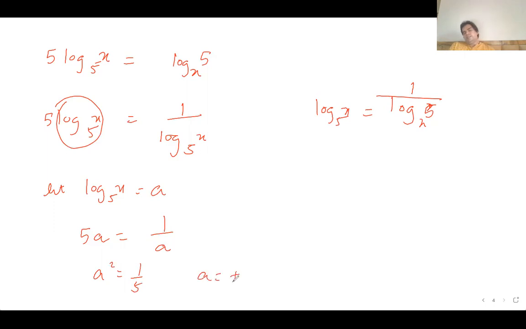So a is plus or minus 1 over root 5. And so you get log x to the base 5 as 1 over root 5, which gives x is 5 to the power 1 upon root 5, or x is 5 to the power minus 1 upon root 5. So these are the two solutions of this equation using the change of base rule.